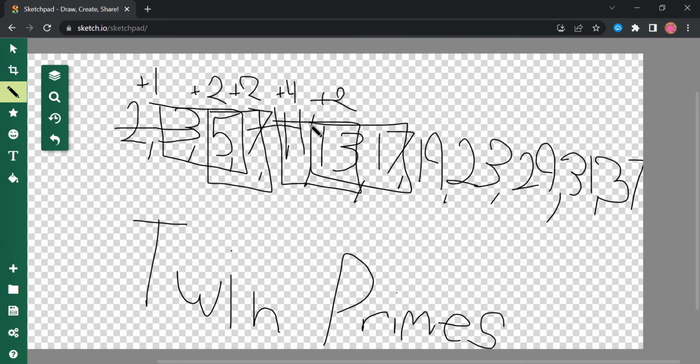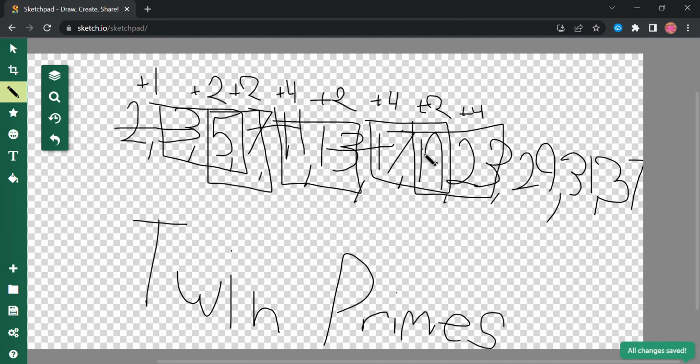Then plus 4 from 19 to 23, then 23 to 29 is 6, so that's not one. 29 to 31, though, is 2.